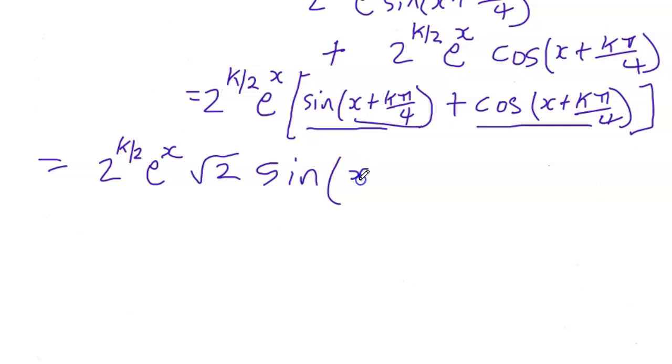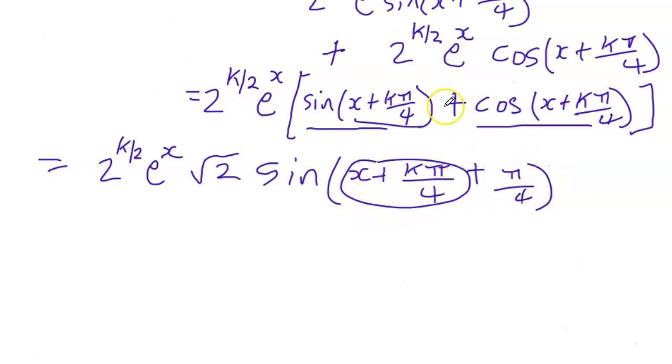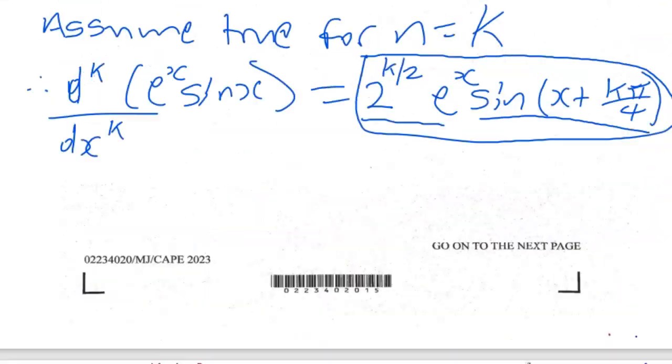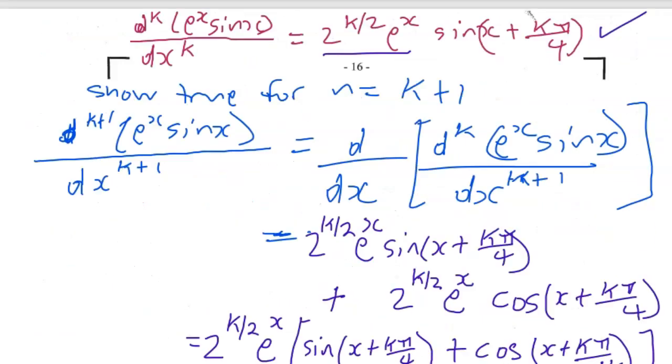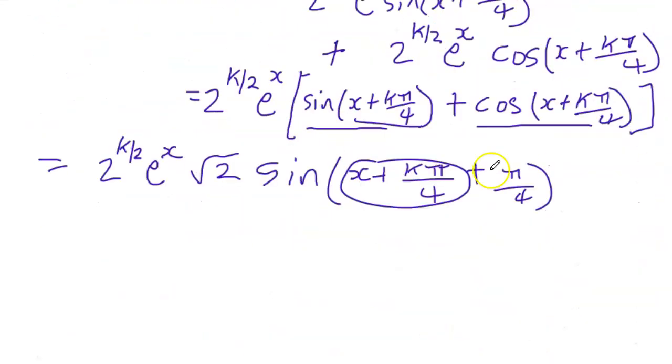So x plus k pi over 4 is the angle, plus pi over 4. Same thing in both of the brackets there. So again, carefully look at how we interpret this. Sine x plus cos x is sine, and whatever the angle is, you put it back here and add pi over 4 to that. So that's where that is derived from.